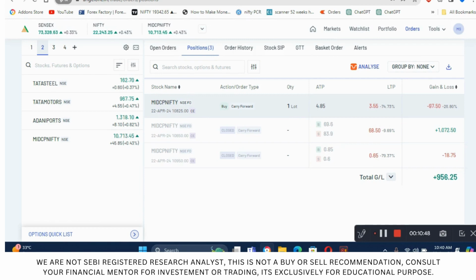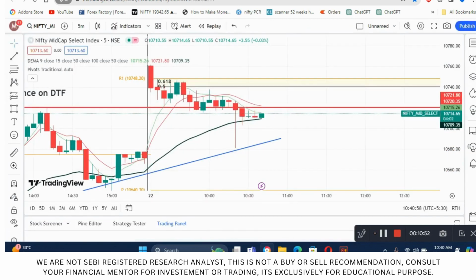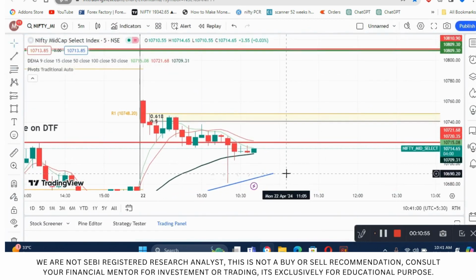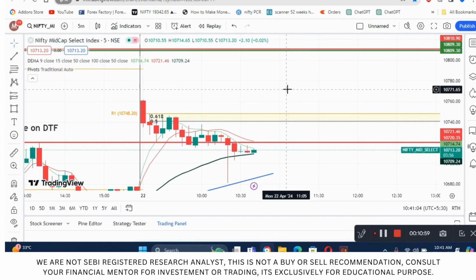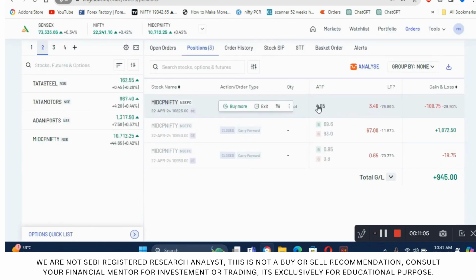But after 1 a.m. the market can give a good move, and if the market gives a big move to the upside, then this premium of 4.85 rupees we bought will go much higher, so we can have an unlimited profit there.